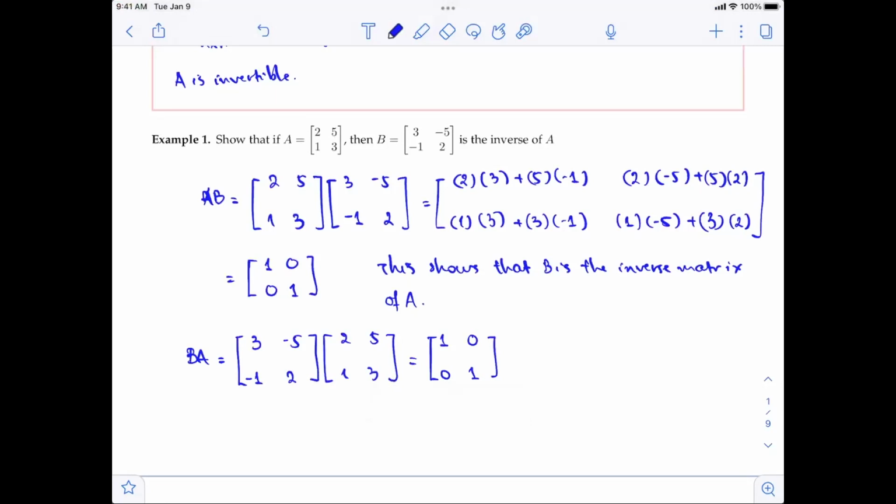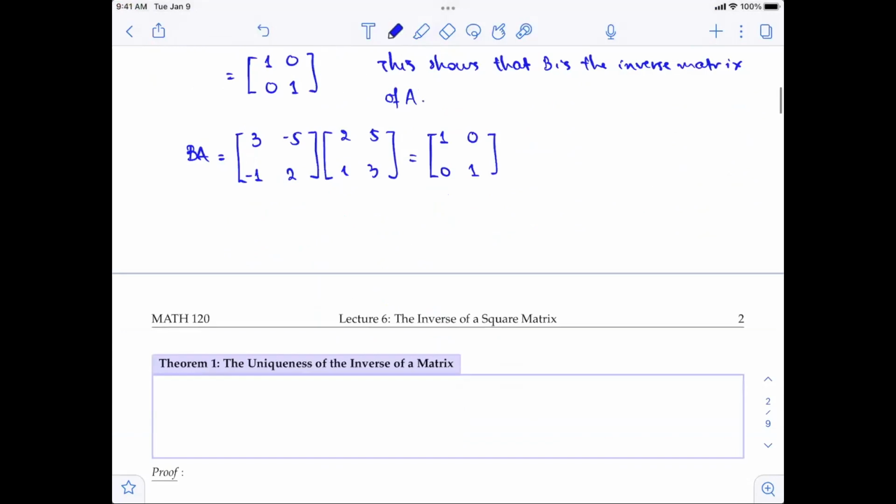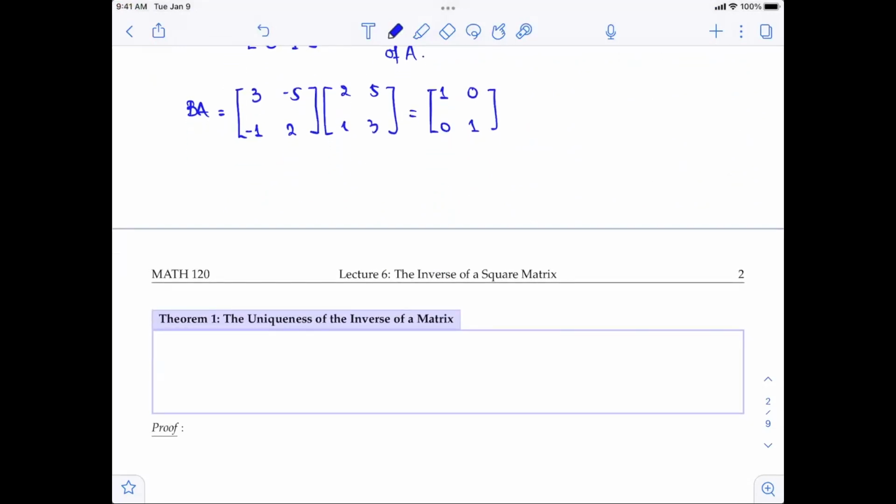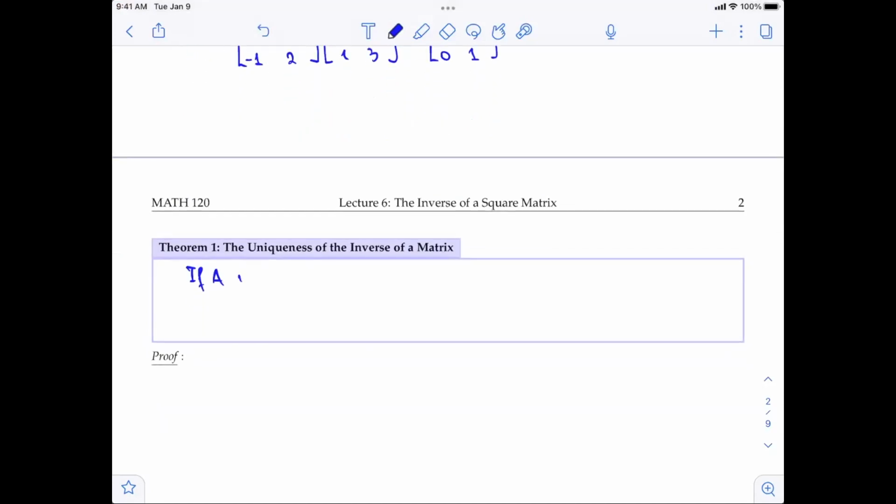Okay. So when you find the inverse of a matrix, the result is unique. There is only one inverse for every matrix. So if A is an n by n invertible matrix, where invertible indicates that A has an inverse, then its inverse is unique.